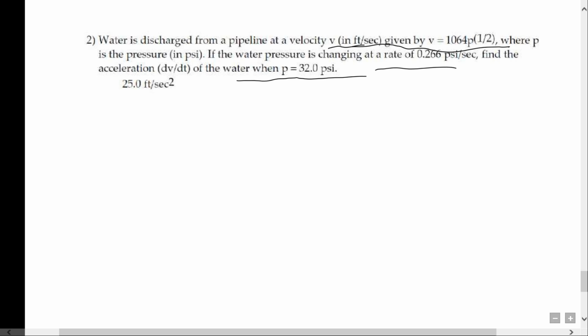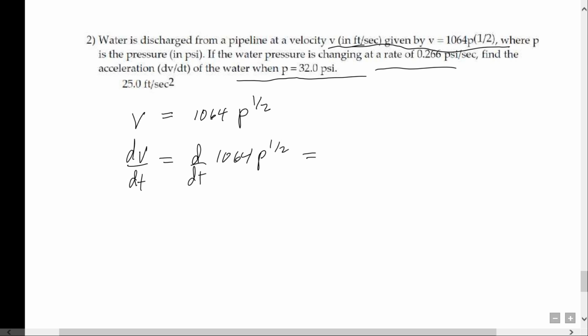Well, it says the velocity of the water is 1064 times p to the 1/2. We want to find dv dt, which is d dt of 1064 p to the 1/2, which is equal to 532 p to the minus 1/2 times dp dt.